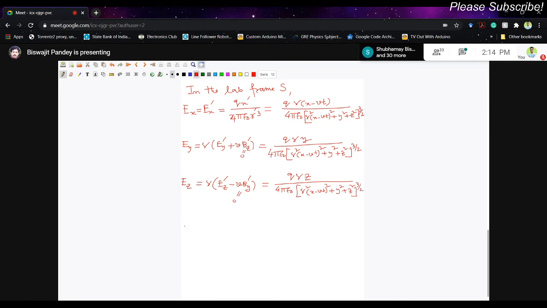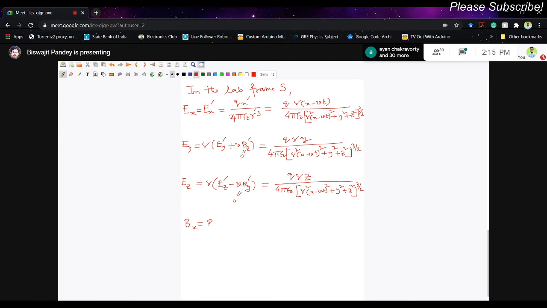In a very similar manner, we can also calculate the magnetic field. So what is the magnetic field in the unprimed frame? In the unprimed frame, the charged particle is moving, so there will be a non-zero magnetic field. Again, we can get those values from the transformation equation. The X component remains the same because the component of the electric field or magnetic field parallel to the motion of the charge doesn't change.